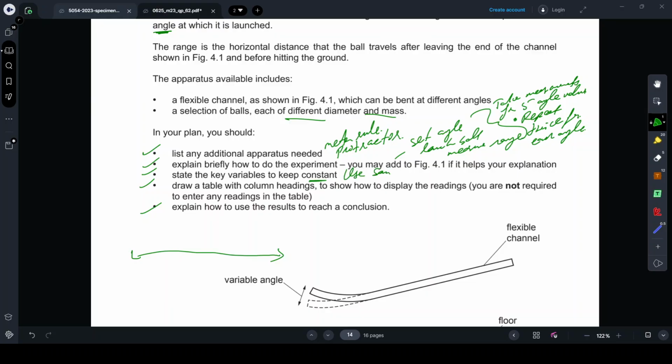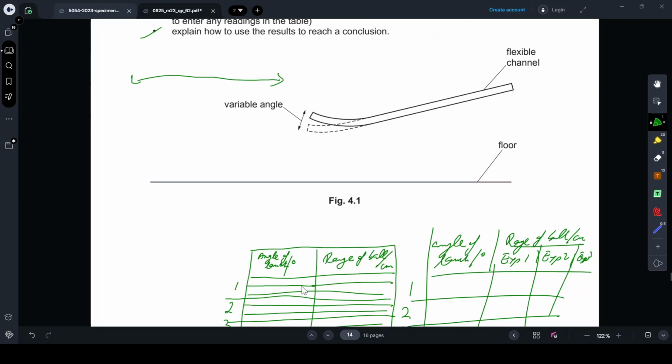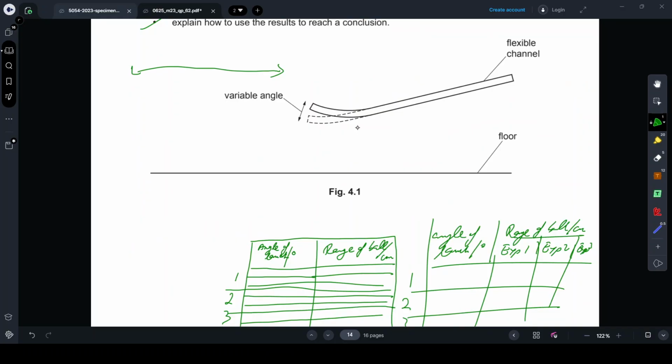Another thing you can keep constant is the height of this thing from the floor, because that will affect how quickly it reaches. If it's higher up, it's also going to travel some distance while it's falling. If it's very close to the floor, it's going to hit the floor immediately. So you want to keep it at the same height every time.